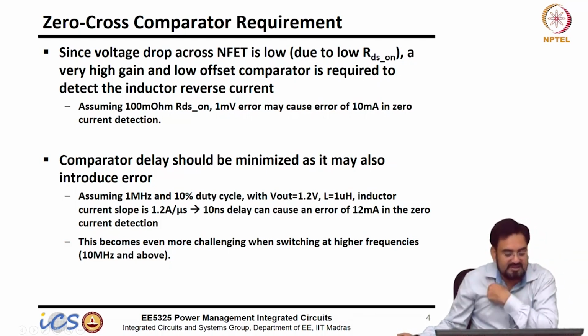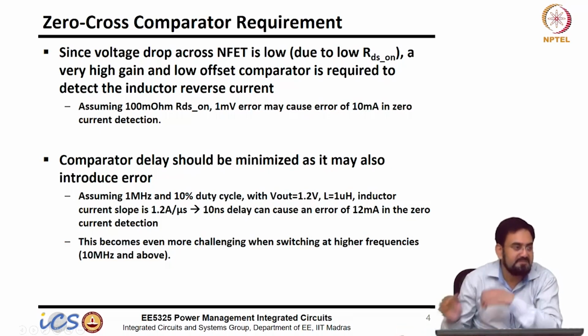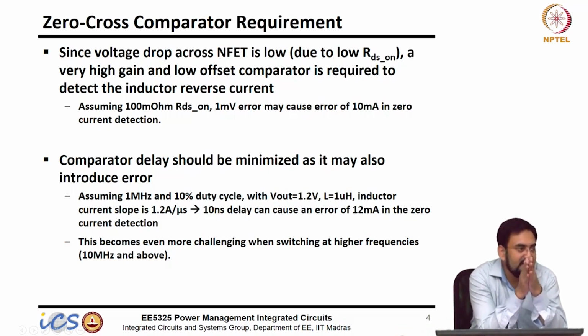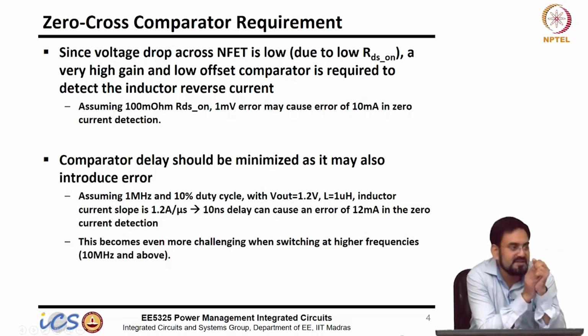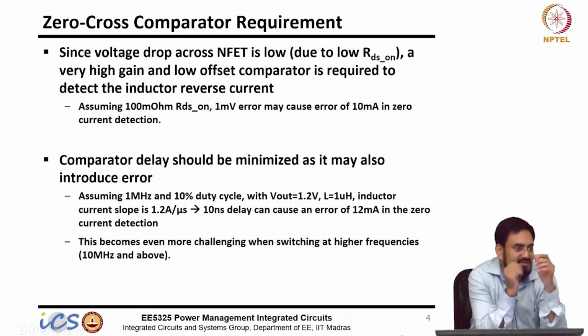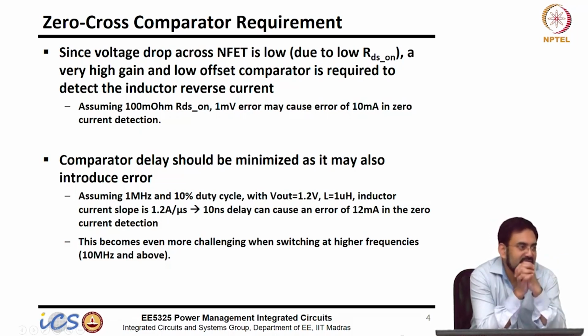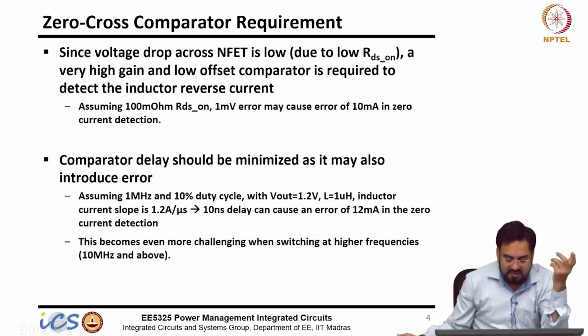Then another thing is comparator delay. Let us say you are not able to immediately turn on the comparator. Say you have made your offset 0, everything 0, but there is some delay in the comparator. Until that time your inductor will be having reverse current, so again the same problem will happen.